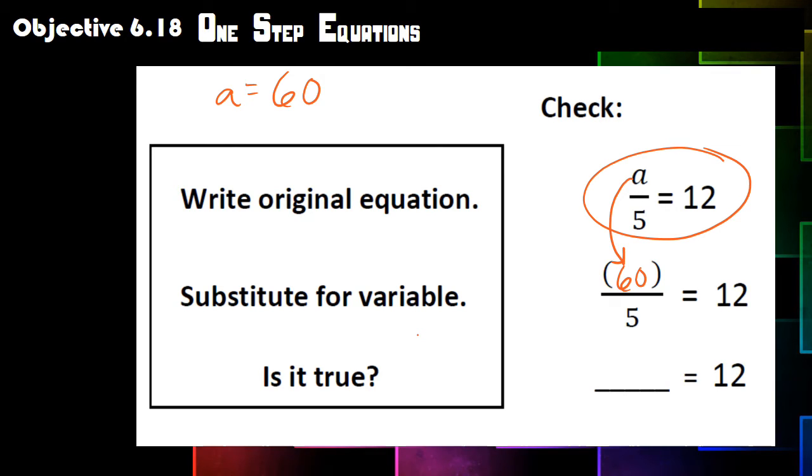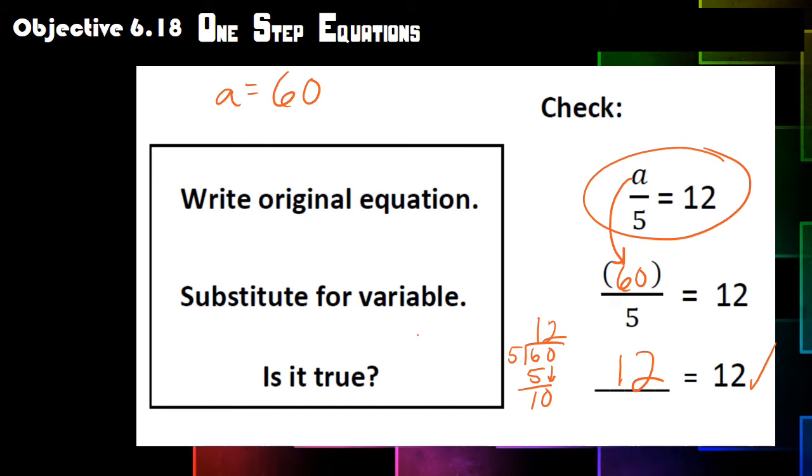So if we do some long division here, 60 divided by 5, 5 goes into 6 one time, bring down our 5. So 6 minus 5 is 1, bring down our 0, 10 divided by 5 is 2. So we have to figure out if this equals 12, and 12 equals 12, that checks out. So we did example number 2 properly.